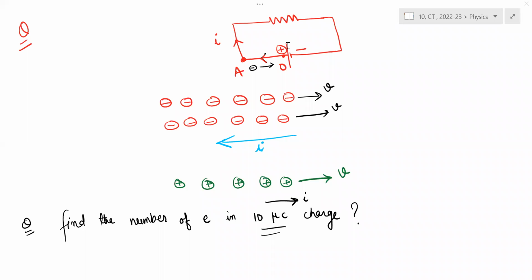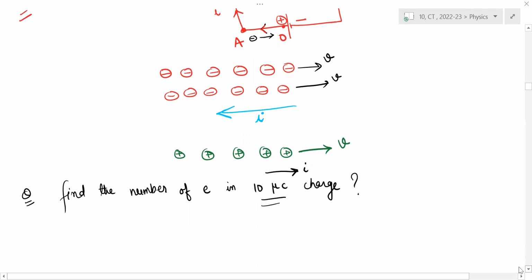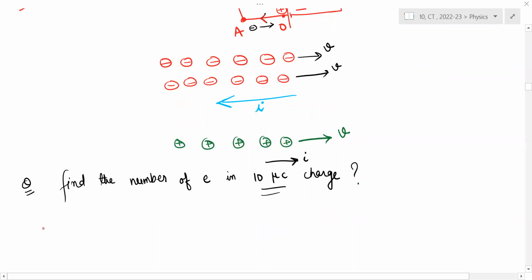Those who are not aware may please write IDK. Okay, how to solve? Time is very less, so let's look at how to solve. The formula you have learnt is Q equals NE. The charge given is 10 micro, and micro means 10 raised to minus 6. N is being asked.